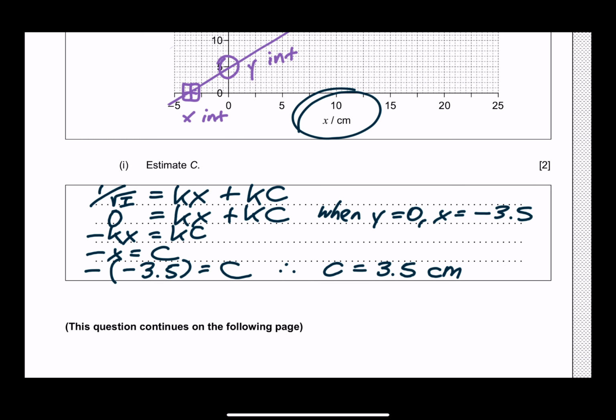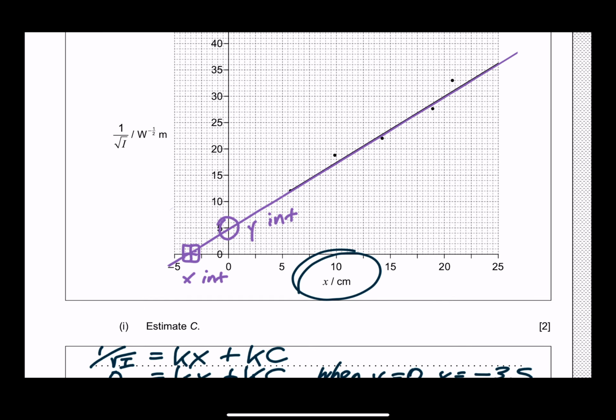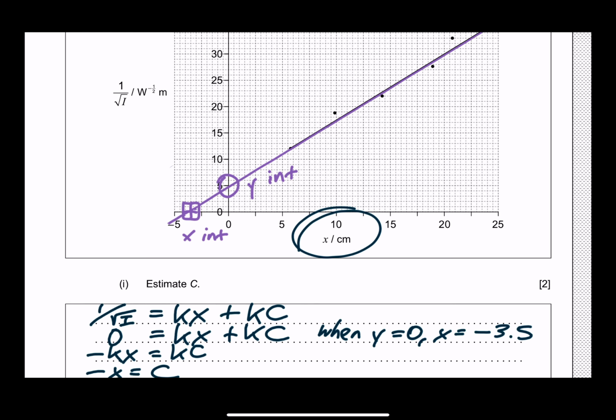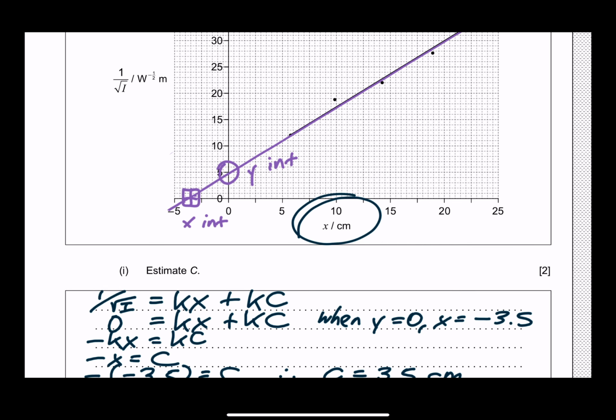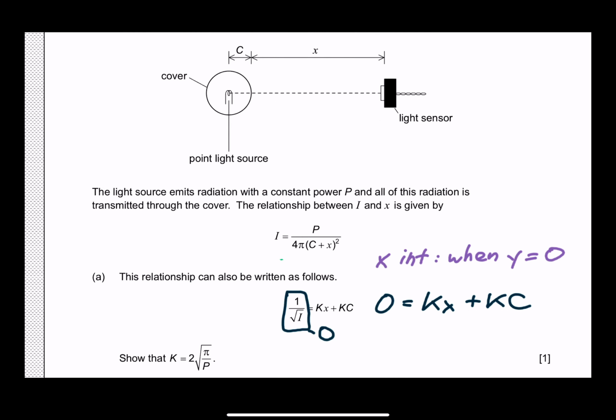All right, one final comment about this particular graph: I was going on about the x-intercept, but what is the deal with that, and why is the x-intercept even negative anyway? The reason is that when they started measuring, they started measuring from the edge of the cover, right? They call that 0 and go from there, but the edge of the cover is not actually at the light source.